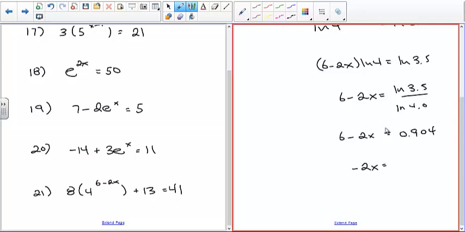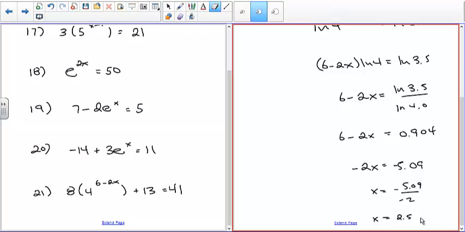Subtract 6, we'll get negative 5.09. And then we'll divide both sides by negative 2. So you'll get 2.54548, or rounded off to 2.55.